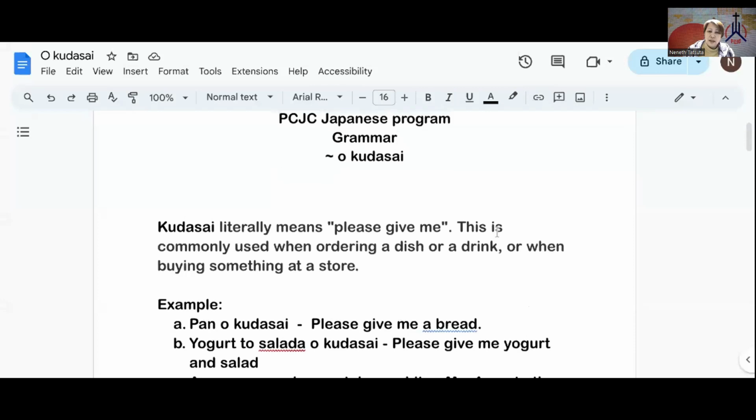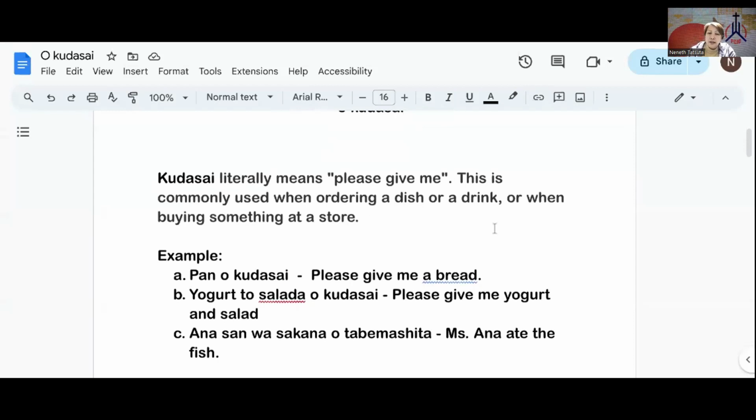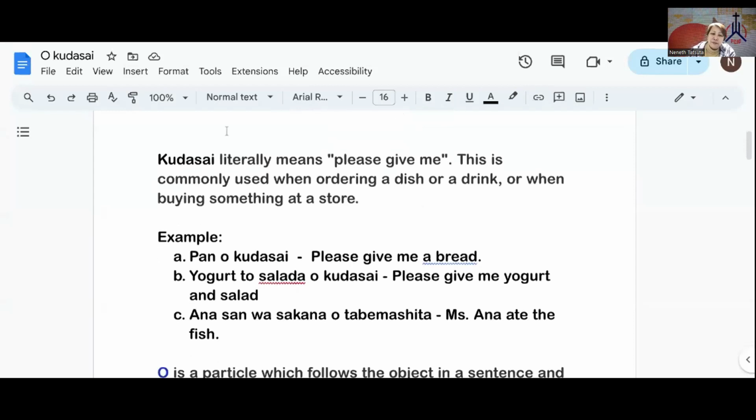So for your response to that, we have here the kudasai. Okay, kudasai. It is for your grammar. Add the kudasai. Okay, what is kudasai? Please.